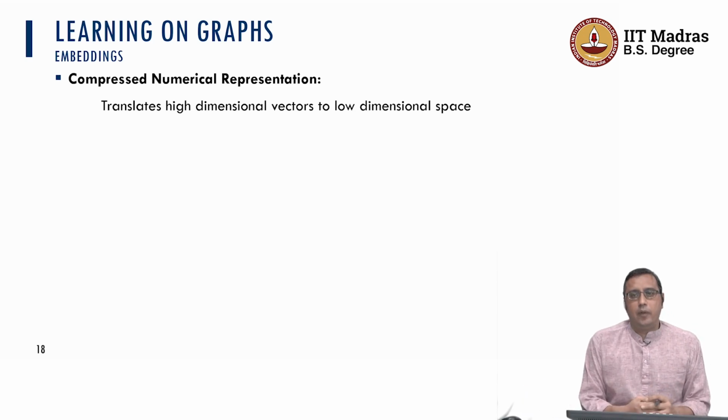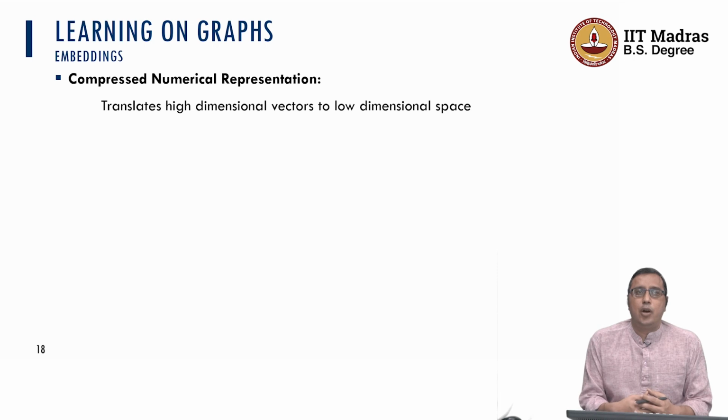So what is embedding? It's a representation. It's automatically learning the features. It translates high dimensional vectors to a lower dimensional vector space, or takes a matrix and creates a vector out of it.